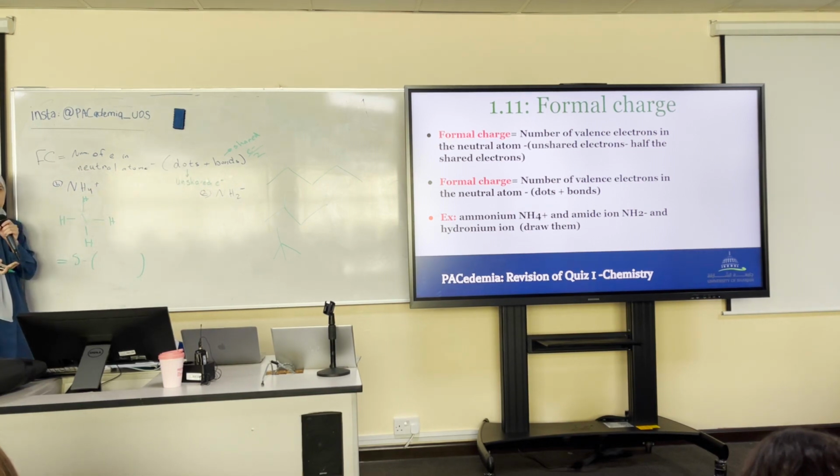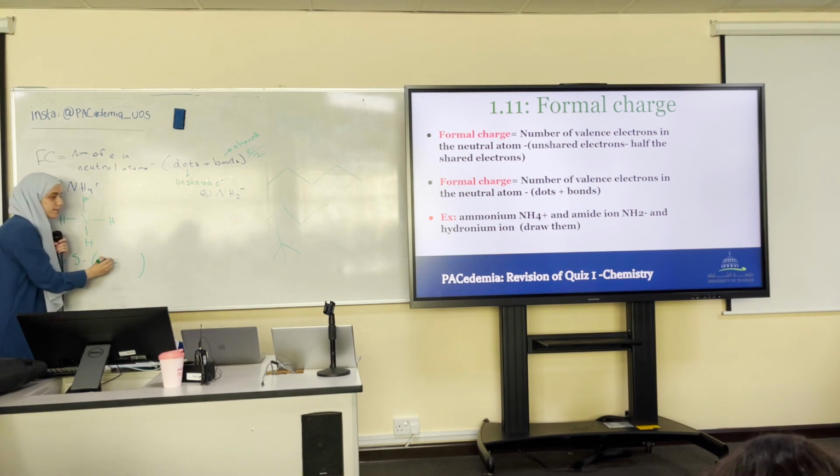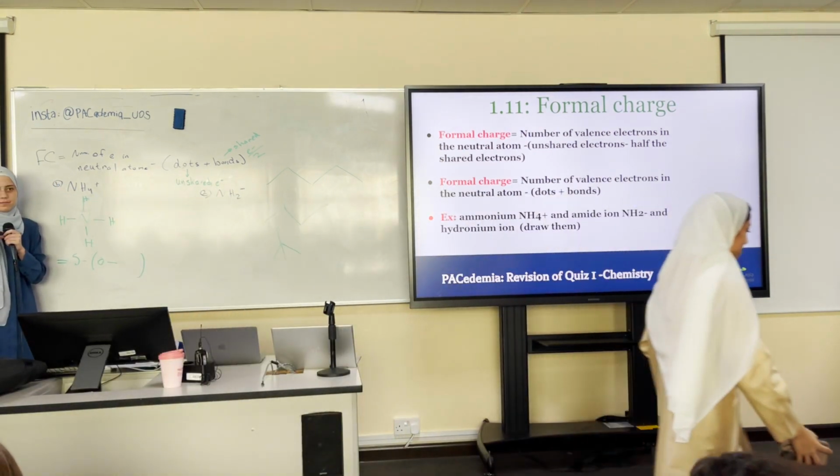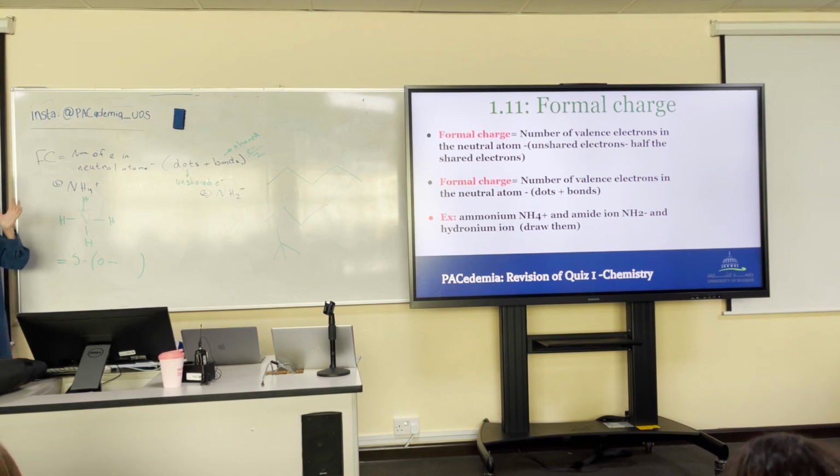Now, what are the unshared electrons, the dots? There are no dots, no unshared electrons. All the electrons are shared. So it will be 0 minus the shared electrons, which are 8. How? 1 electron from the hydrogen and 1 from the nitrogen.